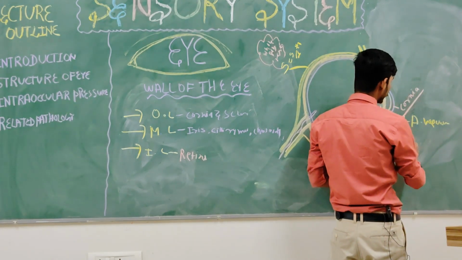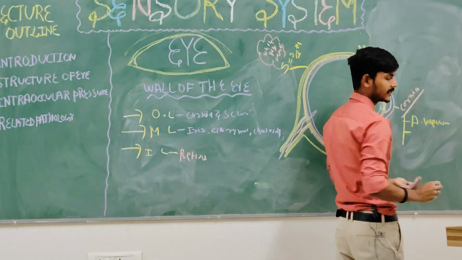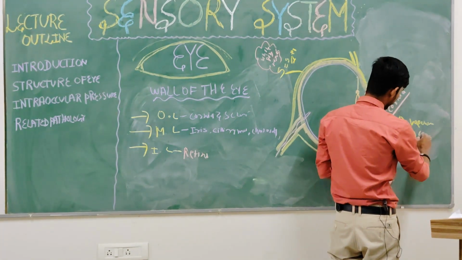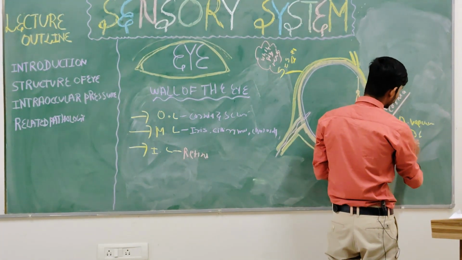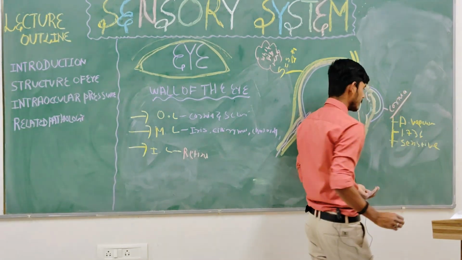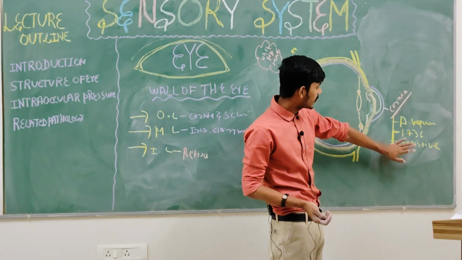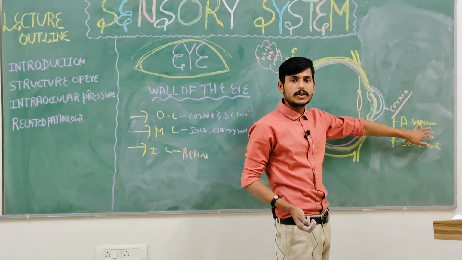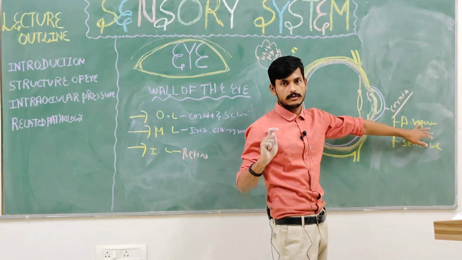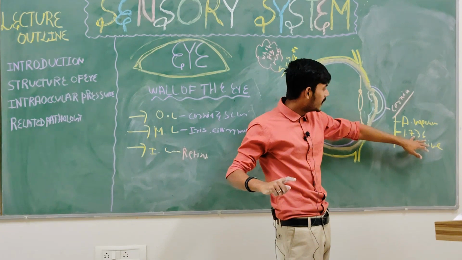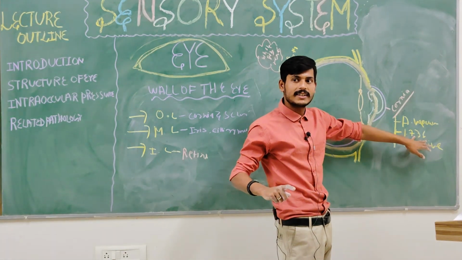Avascular, and its refractive index is 1.736. It is highly sensitive. Now one by one we will understand, have patience. Avascular means they don't have blood supply. First of all, they don't have blood supply. Their refractive index is 1.736.